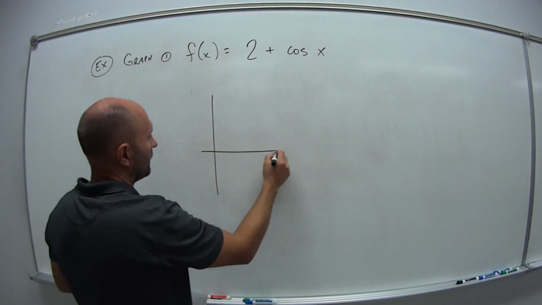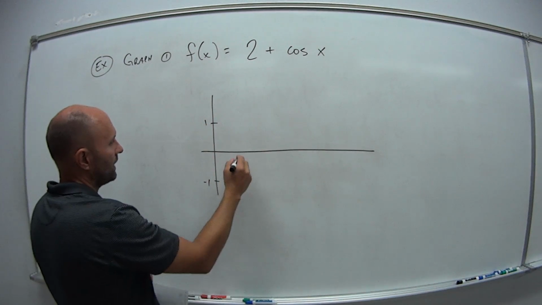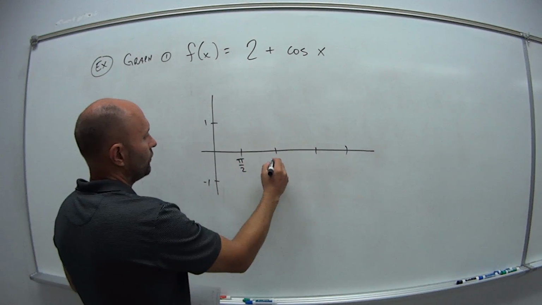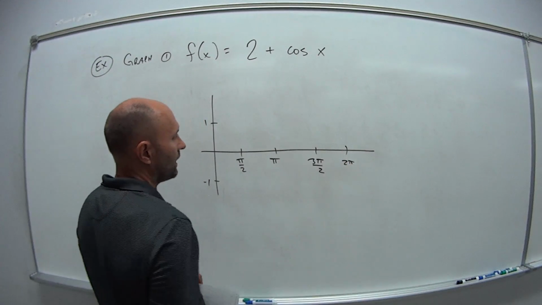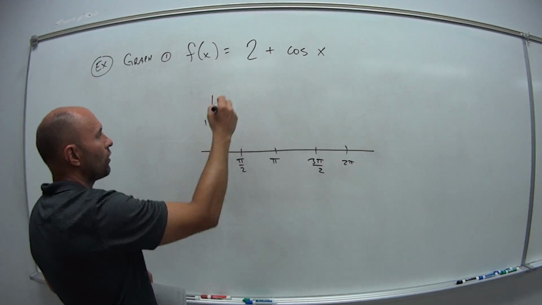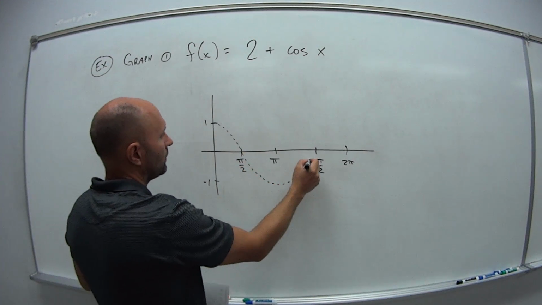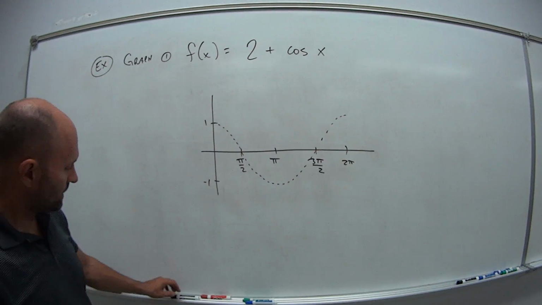That's the one we just got done doing, which starts at 1, bottoms out at -1. We have pi over 2 and pi, 3 pi over 2, and it ends at 2 pi. So the cosine of x, if I do that in black, the black dotted line would have been something like that, right?